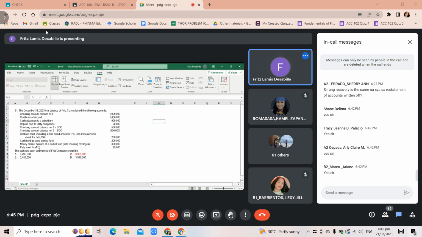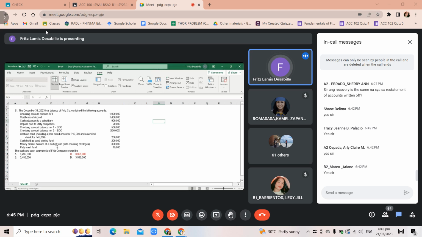So next, cash held as deposits for sinking. Cash held as bond sinking fund. Since it is a sinking fund, no, di ba usually it is not a current asset, so therefore not part of cash. Okay, so money market balance at a mutual fund.